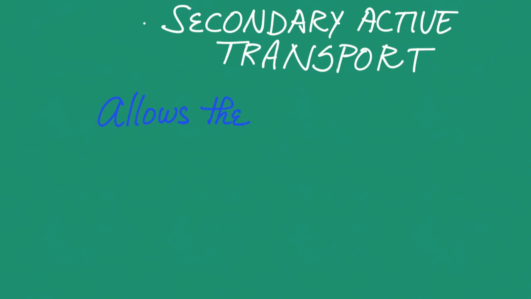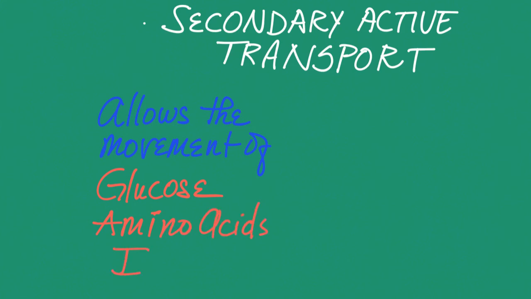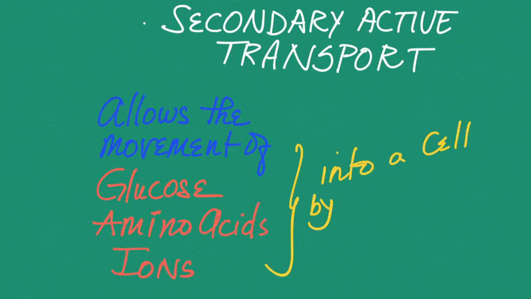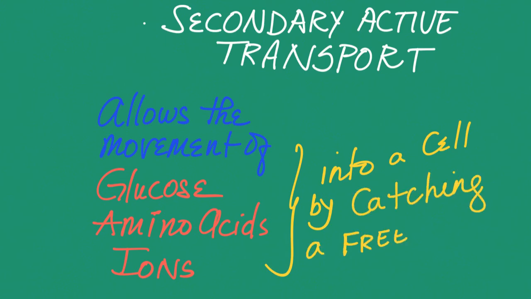So secondary active transport allows the movement of glucose, amino acids, and ions into a cell by catching a free ride with sodium. So let's see how that happens.